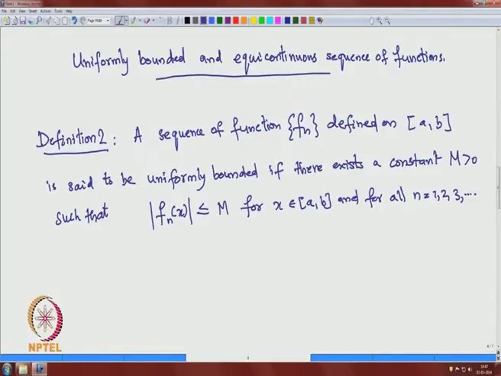So, uniformly there is a bound for each of the functions in the sequence. Then we say that the sequence of functions is uniformly bounded.